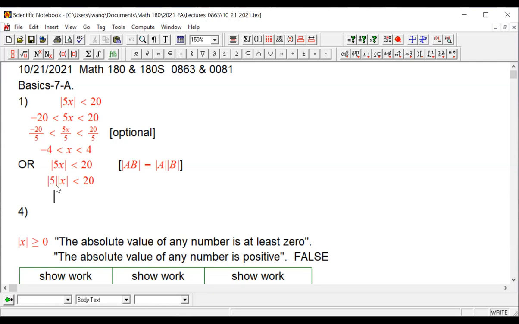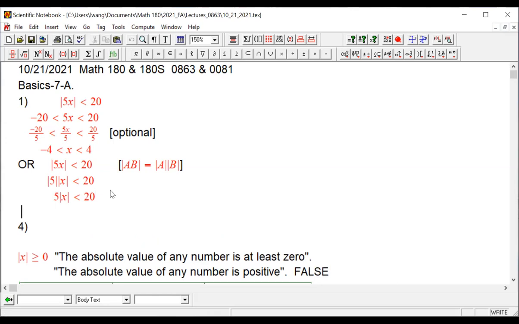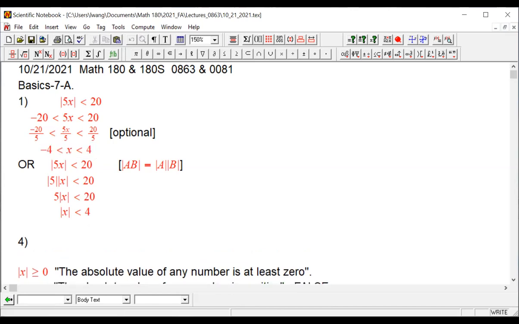Okay, and the absolute value of 5 is 5, right? And then we have 5 times the absolute value of x, and that is less than 20. Then we divide both sides by 5. We get the absolute value of x less than 4. So in the end, we still end up here. I think we mentioned these properties before.